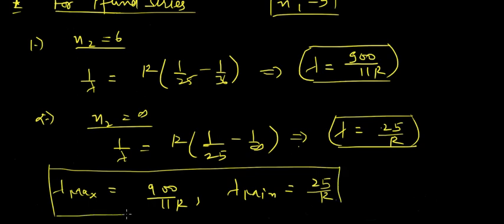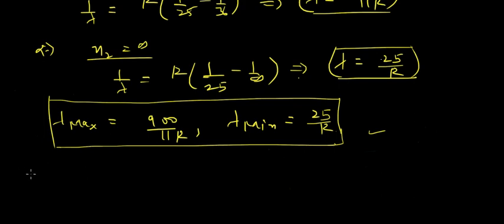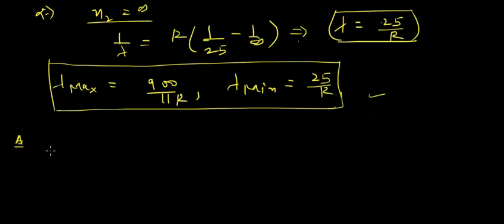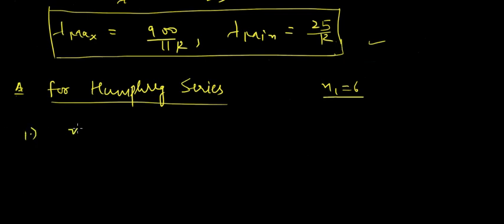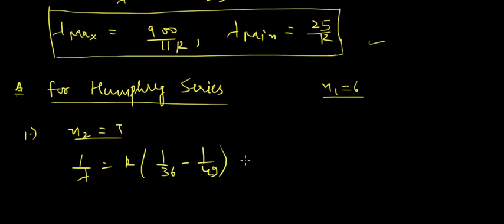Next let us see the Humphreys series. For the Humphreys series, n1 would be equal to 6. The first case comes out when n2 equals 7. So 1 upon lambda would be R Z square times 1 upon 36 minus 1 upon 49. This gives lambda as 1764 upon 13R.